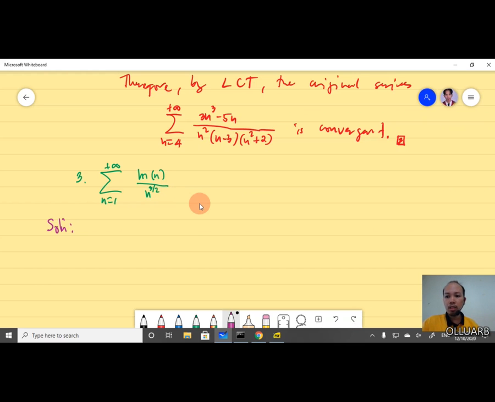Before we try to solve this problem, let me define this first. Maybe you did not encounter this, but I will put this as a recall. This is the definition of the rate of growth of a function, meaning which function goes faster than the other one. Let's define it first.